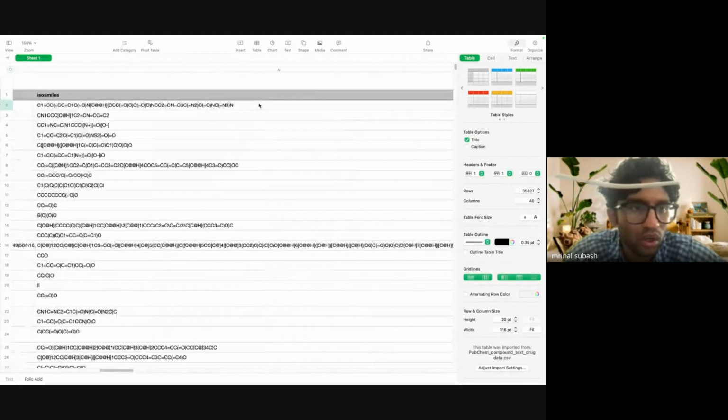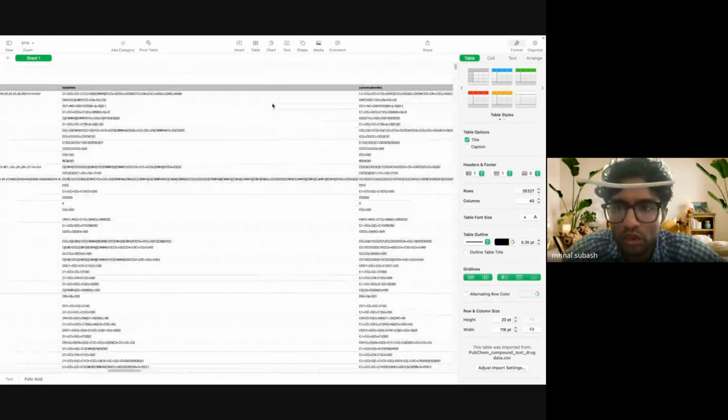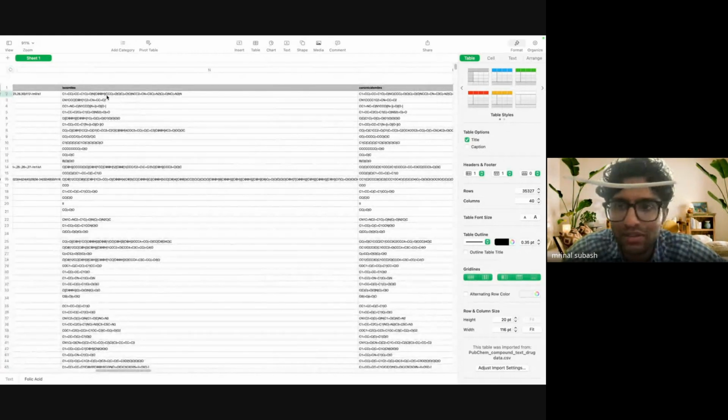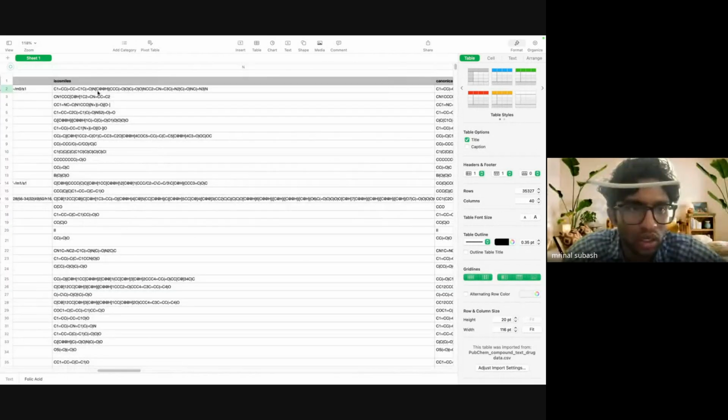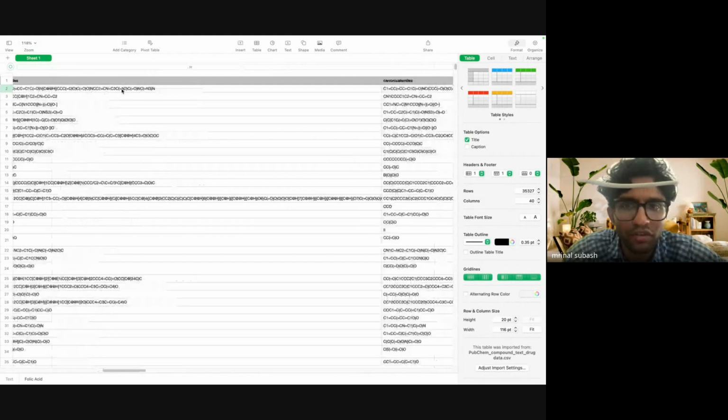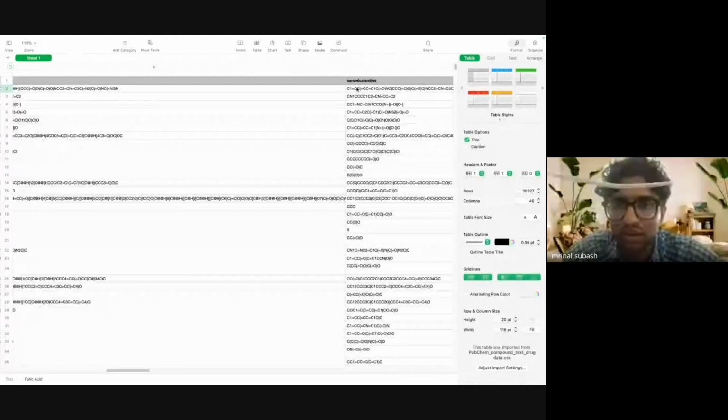In the iso smiles, it is an unfiltered form of the actual smile structure. After filtration, they have come about this to be the purest form of that particular compound.